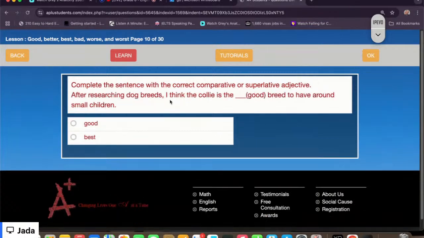Okay. After researching dog breeds, I think the Collie is the dash breed to have around small children.